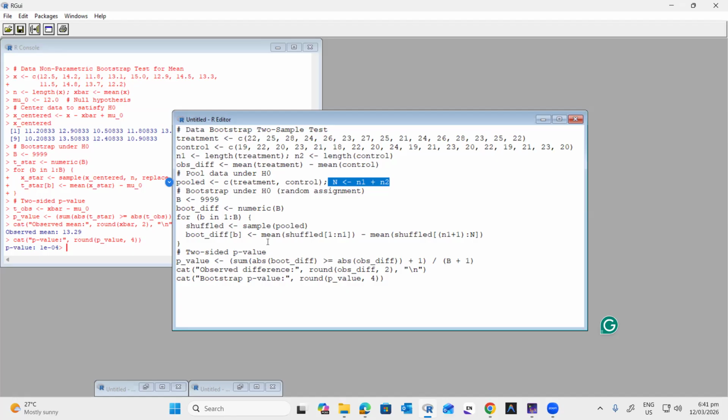After that, we are finding the boot differences.